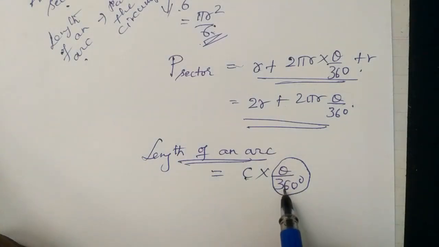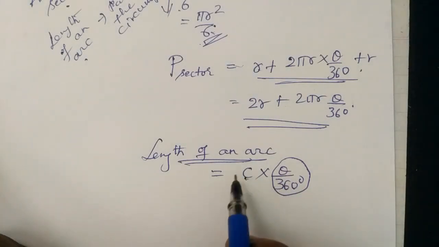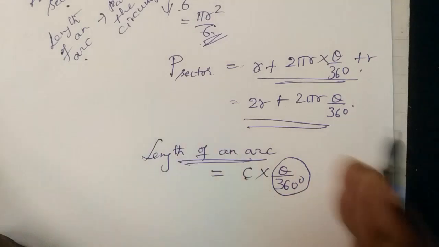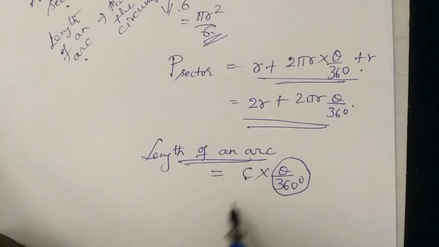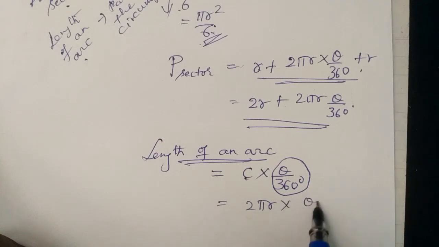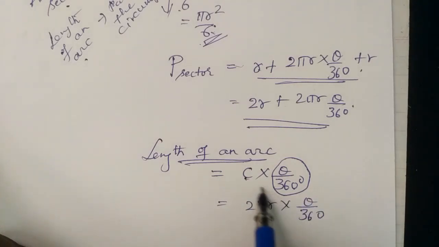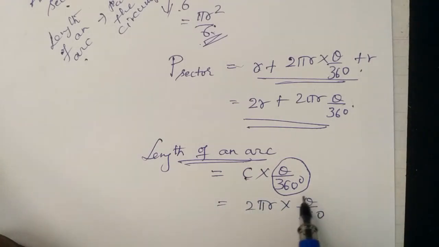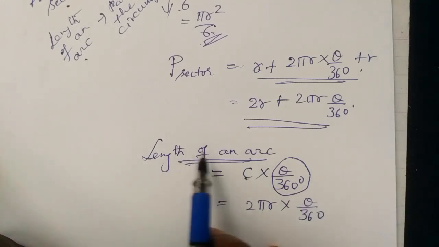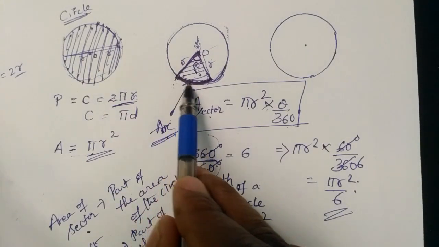If you multiply by theta by 360, we are taking one part of the complete circumference. So this whole 2 pi r we are dividing into small parts, and one part is the length of an arc. In this example, this is called the length of an arc.